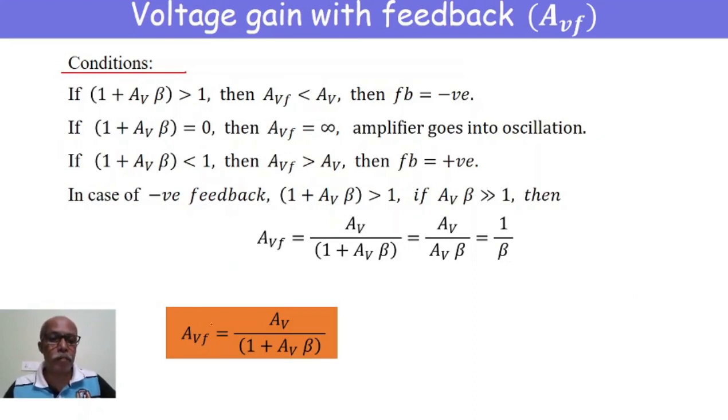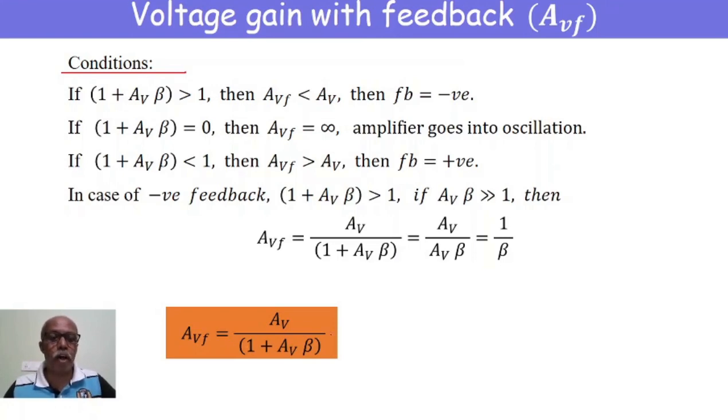So here we are studying the special conditions. We have derived the expression AVF is equal to AV by 1 plus AV into beta. Beta is the feedback fraction, AV is the voltage gain without feedback, AVF is the voltage gain with feedback. Remember it.